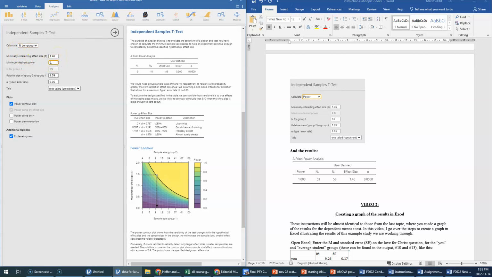So you would have your power at 0.8, leave the relative size of group 2 to group 1 as it is, leave all of that, and it would give you the N that you needed for each group. And so that is power analysis, and that is the end of video 1.